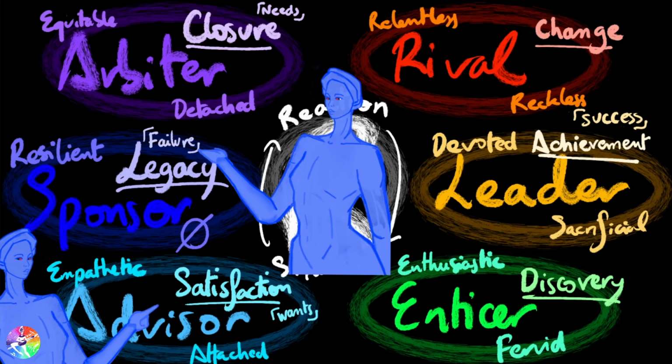For example, the arbiter and the advisor are opposed in their way to solve conflicts, where the advisor will look for the satisfaction of both parties. The arbiter will focus on solving the issue in a balanced manner.